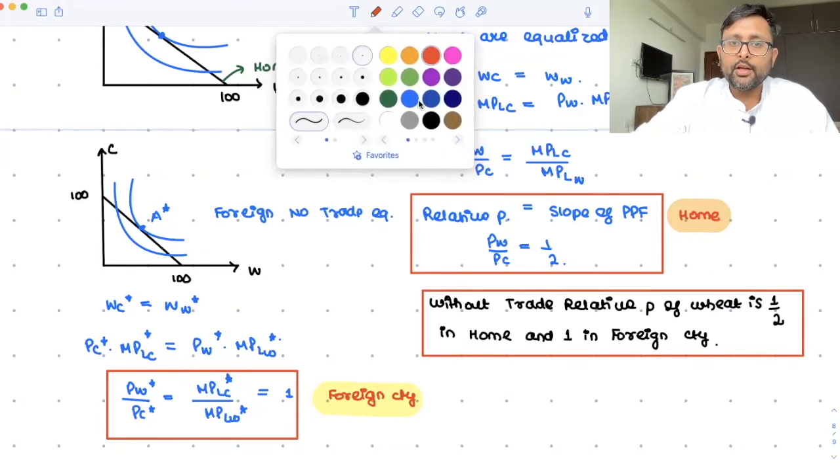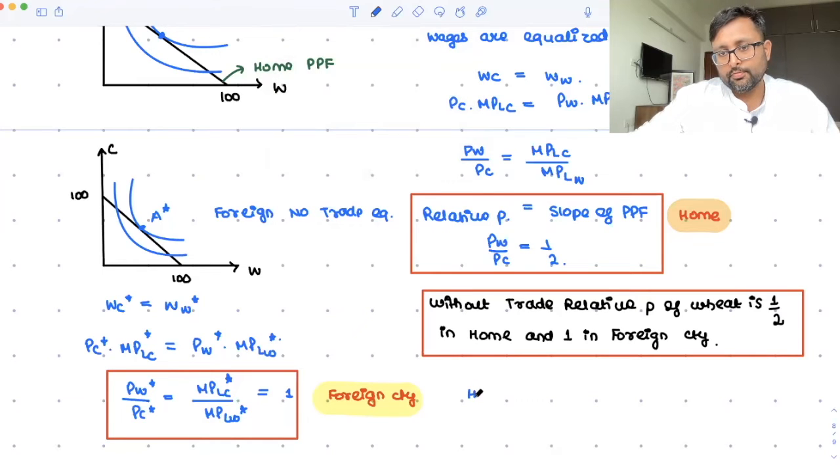Now, supposedly, you are sitting at home. And you said, let me start with 1 unit of cloth in home. So you have 1 unit of cloth, and with 1 unit of cloth, you can get 2 units of wheat in the home country.